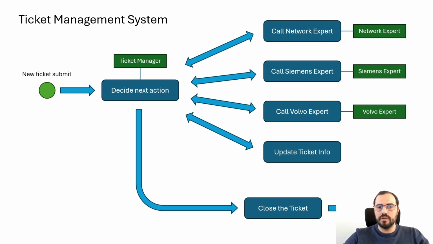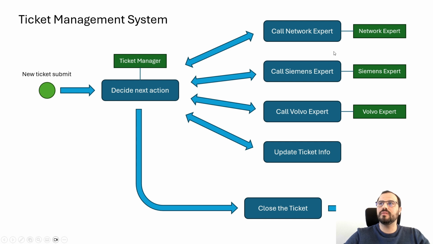So different tickets can arrive, and when they arrive, we want an agent here, the ticket manager, to decide what should be the next action. And in this case, he can decide based on 5 outputs.